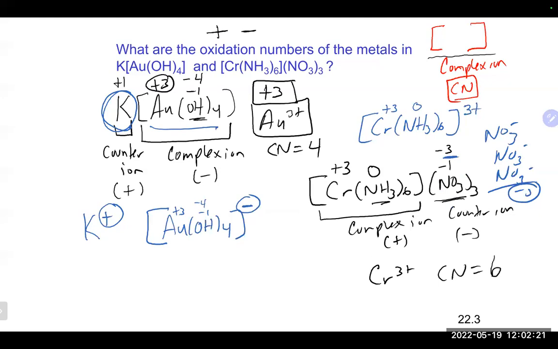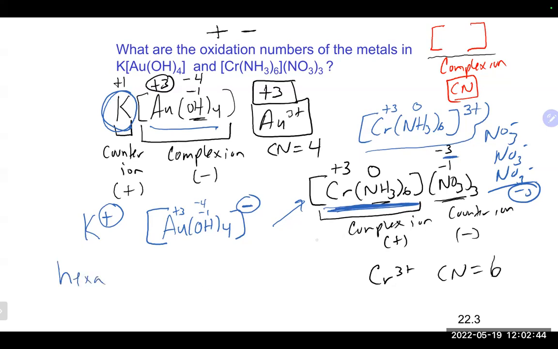So if we go back to the ones we just left, we'll go to this one. If we take our coordination compound and wanted to name it, we would start with the complex ion part, which in this case is positive. And there are 6 NH3s. So the prefix for 6 is hexa.